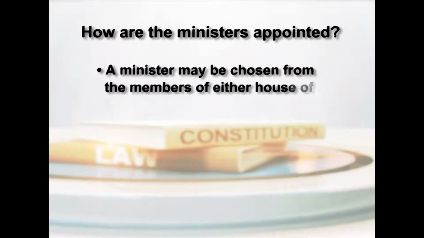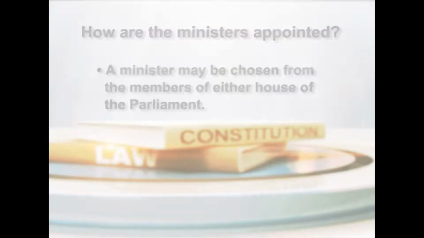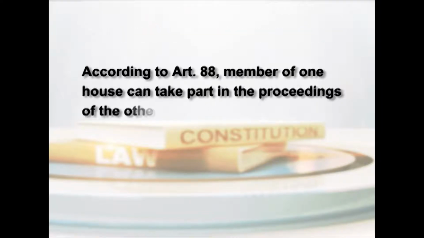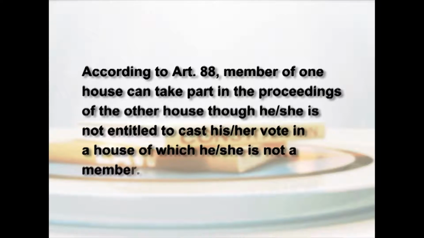A minister may be chosen from the members of either house of the Parliament. Here it must be noted that a member of one house can take part in the proceedings of the other house, though he or she is not entitled to cast a vote in a house of which he or she is not a member. And this is in accordance with Article 88 of the Indian Constitution.